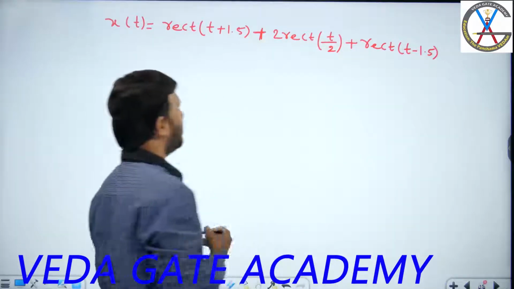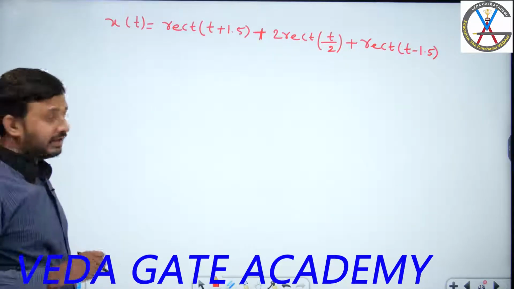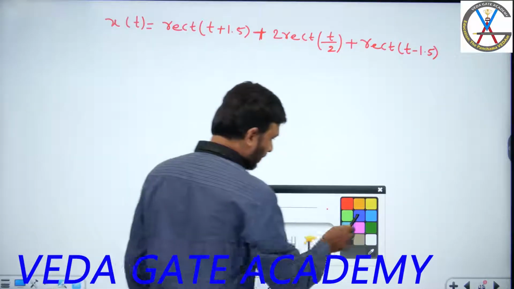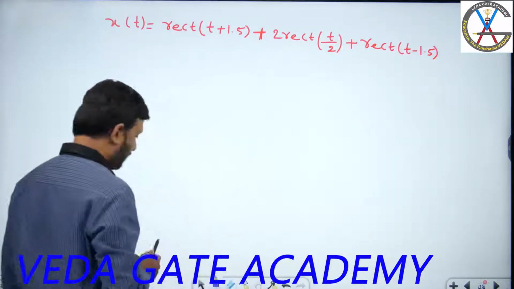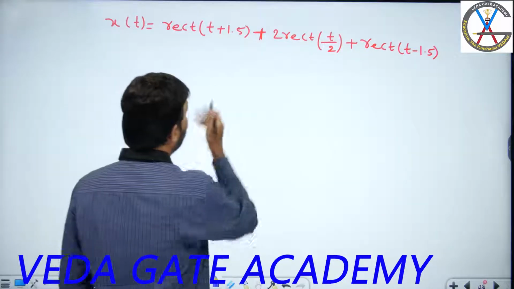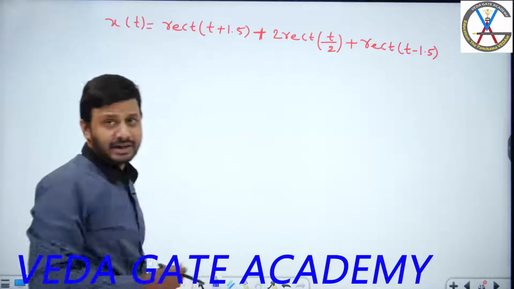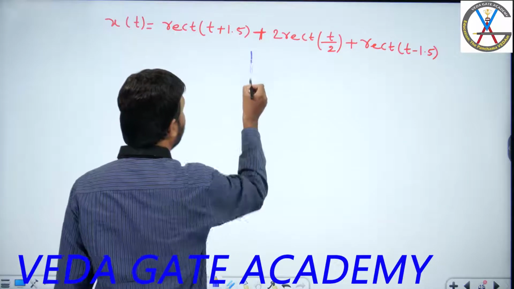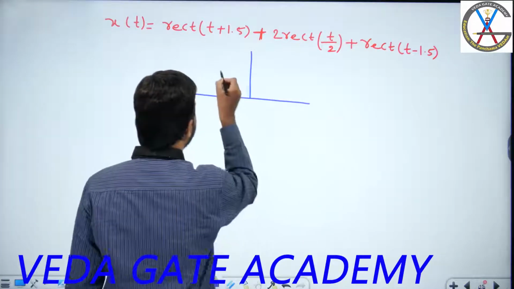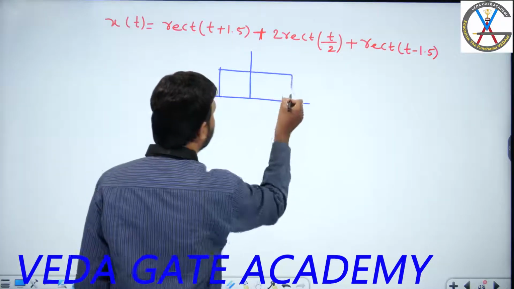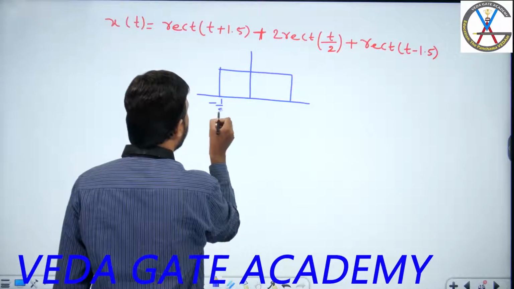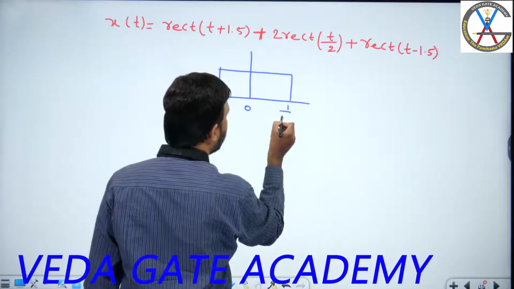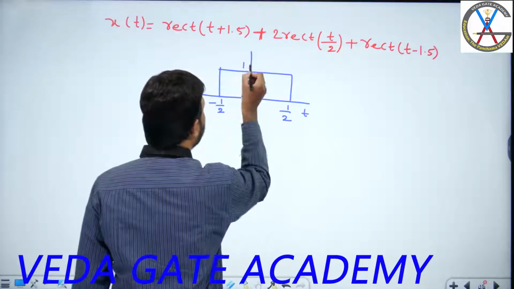I want to draw this signal. How can I draw this signal? Let's observe. First of all, what is rect(t), because all the expressions involve rect(t)? So first of all, what is the shape of rect(t)? The shape of rect(t) can be given like this. This is rect(t).